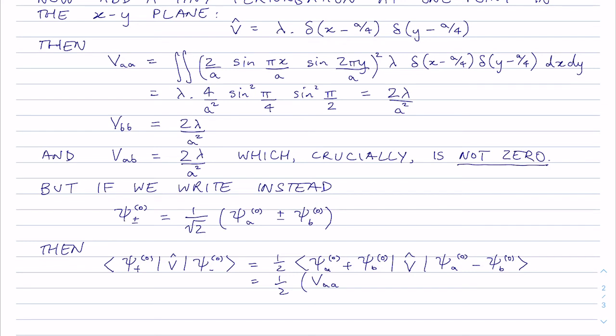Now take the first term, psi A, the second term, VBA, the third term, VAB comes with a minus sign, the fourth term, VBB comes with a minus sign. Oops, that shouldn't be square, that should be round. And that's equal to 0, which is what we want.